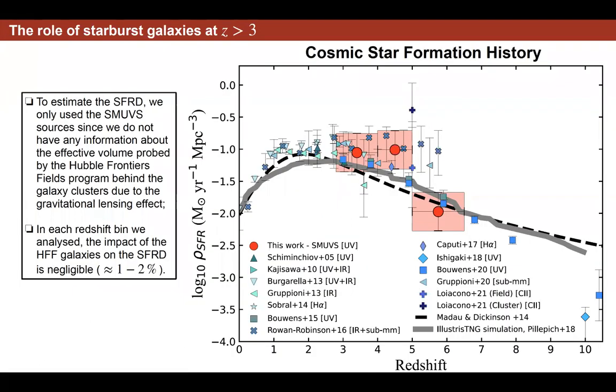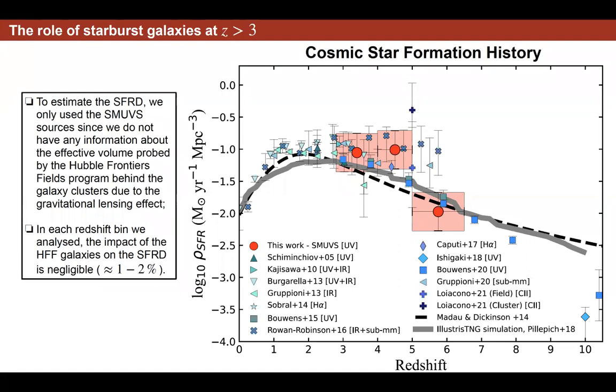So we estimated the star formation rate density only for these massive galaxies, because considering the Lyman-alpha emitter galaxies could introduce large uncertainties during the estimation of the star formation rate density, but we estimated that the impact of these galaxies on the star formation rate density is negligible, up to 2%.